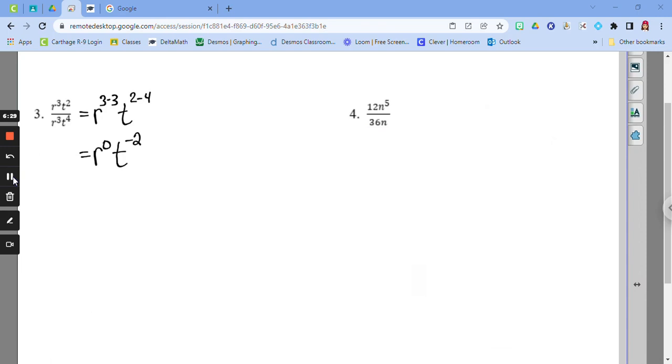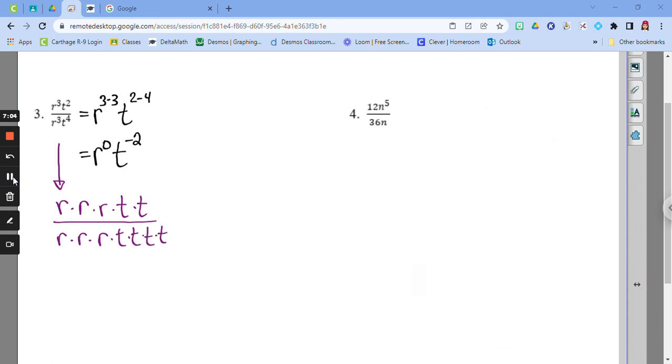So let's take a look at what's really happening with those variables, okay? I have 3 r's and 2 t's in the top. I have 3 r's and 4 t's. Okay?